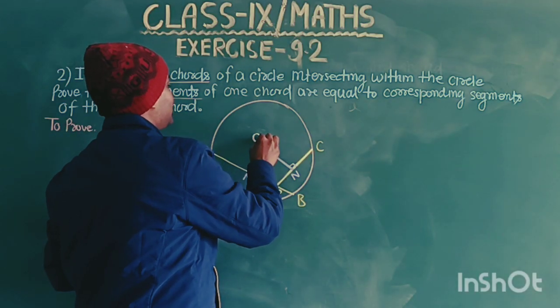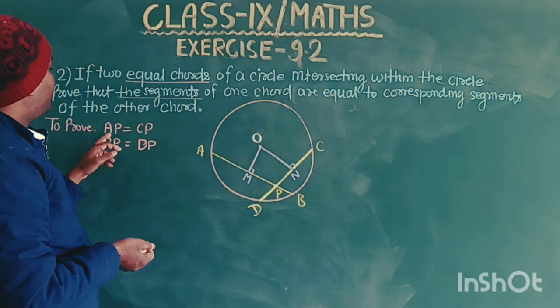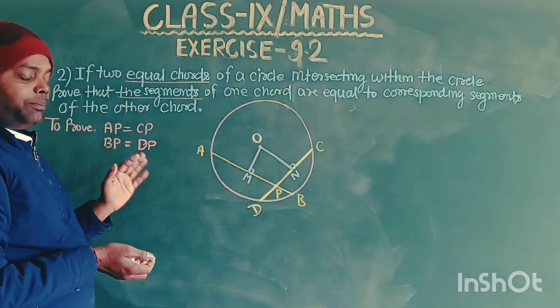And let the center of the circle be O. So our target is to prove AP equal to CP and BP equal to DP.